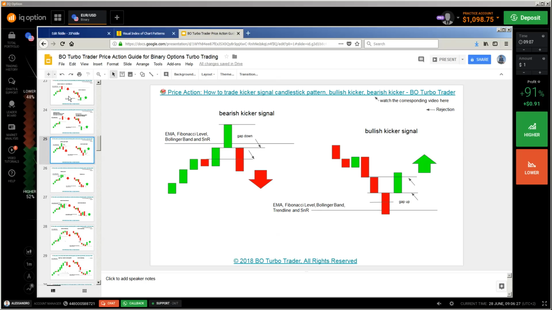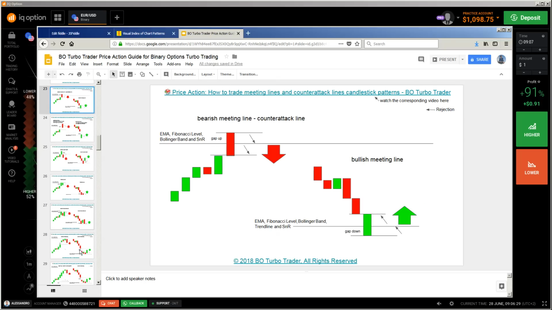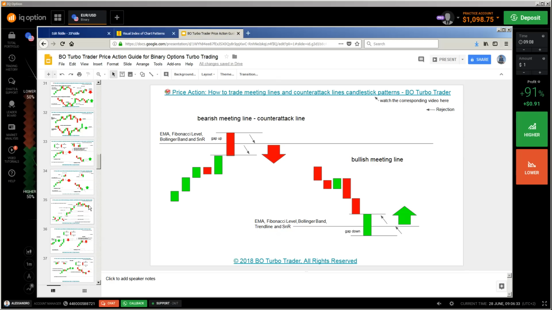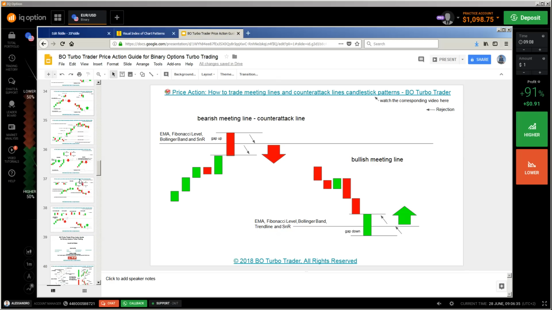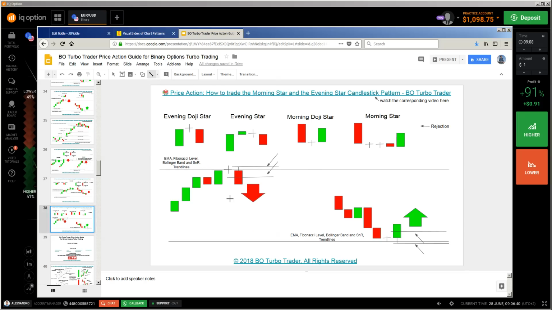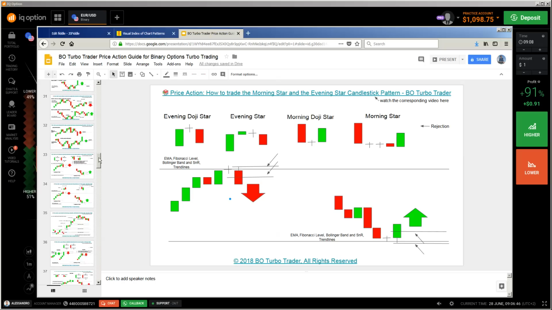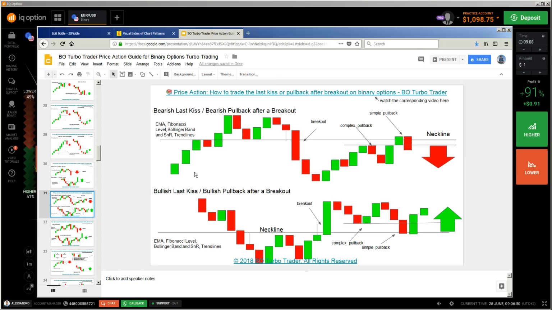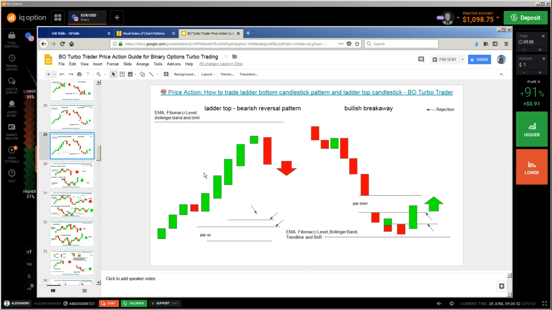Okay, I don't see any wick here. No. So I have to draw this on my own. Let me see, where do we have this? Okay, so let's see.